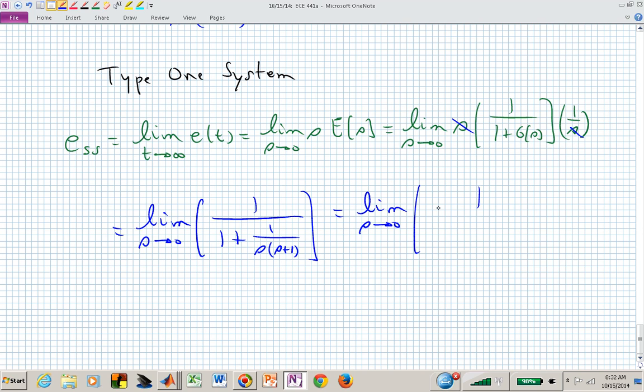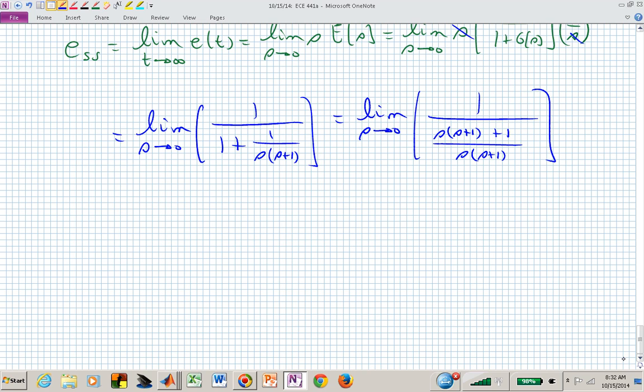If we clean this up a little bit, suppose we put the denominator over a common denominator. We now have s times s plus 1 all over s plus 1. Or we can multiply both numerator and denominator by s plus 1, and we now have s plus 1 over s times s plus 1 plus 1.